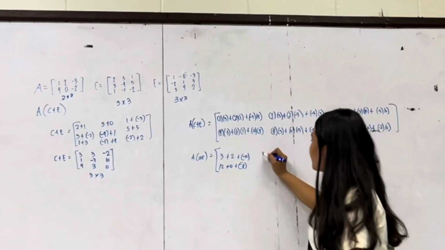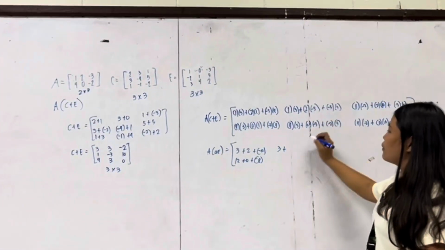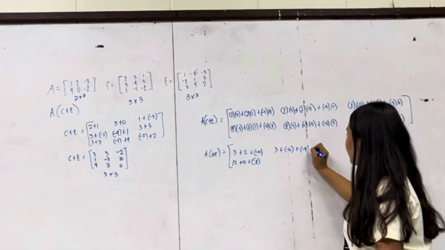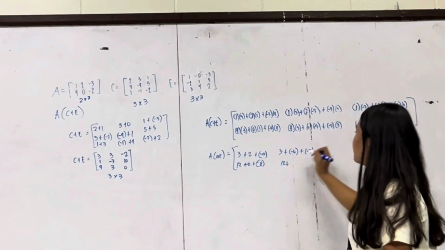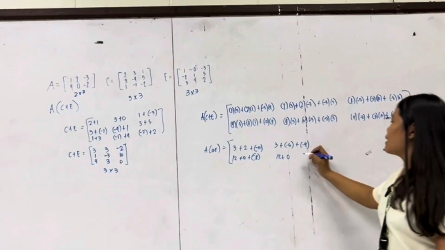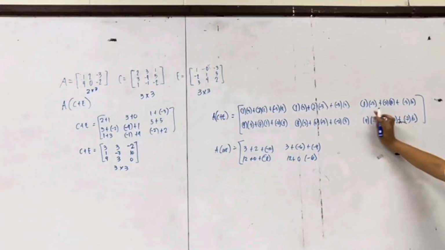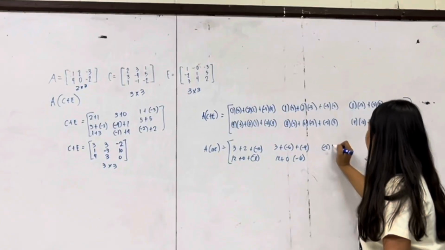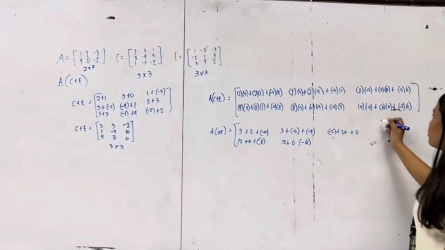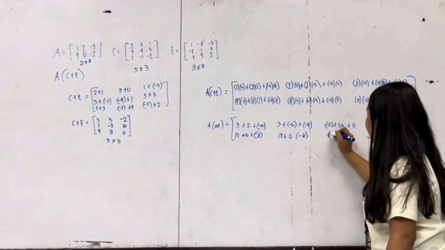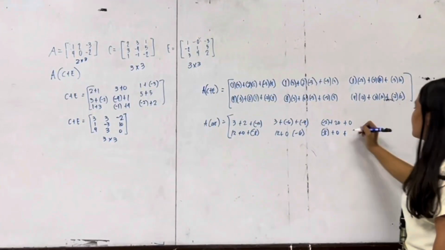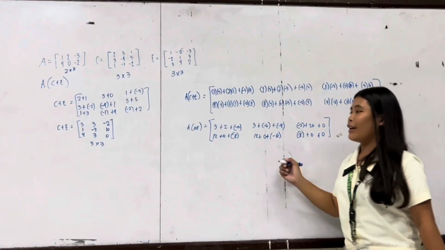Then 1 times 3 is 3 plus 2 times negative 3 is negative 6 and negative 3 times 3 is negative 9. 4 times 3 is 12, 0 times negative 3 is 0 and negative 2 times 3 is negative 6. 1 times negative 2 is negative 2, 2 times 10 is 20 and negative 3 times 0 is 0. 4 times negative 2 is negative 8, plus 0 times 10 is 0 and negative 2 times 0 is 0. So now we can add them together.